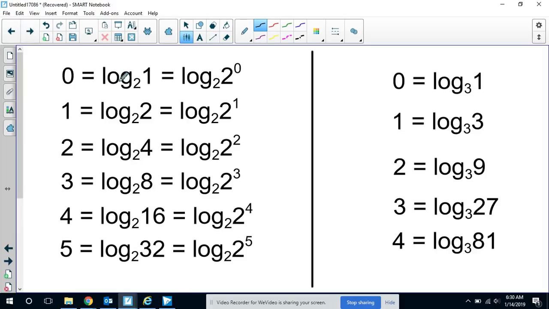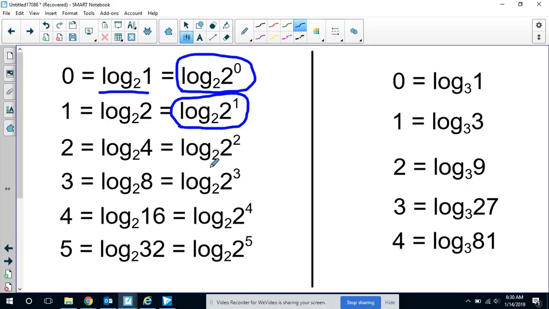Now, if we're looking at what's actually happening here, if we have log base 2 of 1, that's the same thing as log base 2 of 2 to the 0 power. If we have log base 2 of 2, that's the same thing as log base 2 to the first power, and so on.